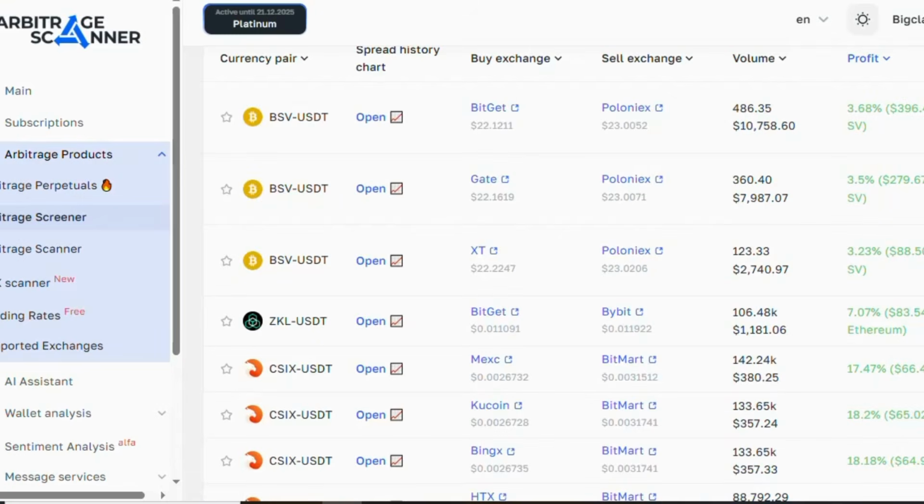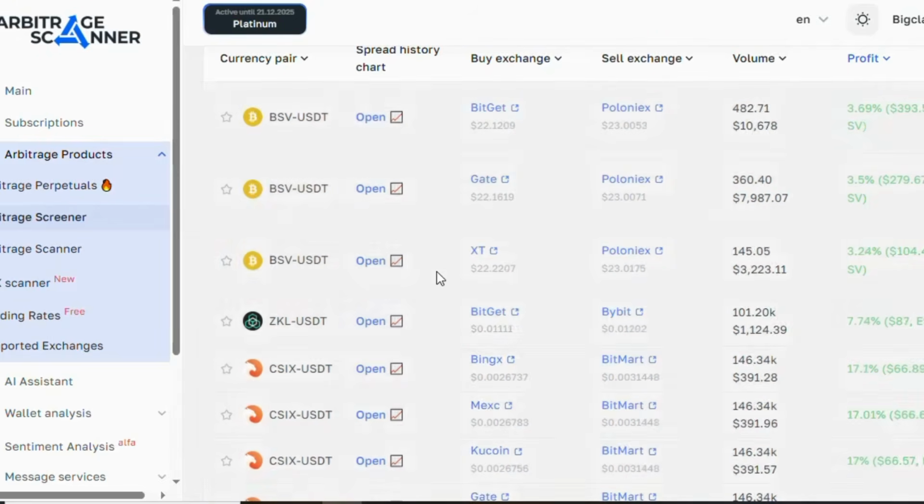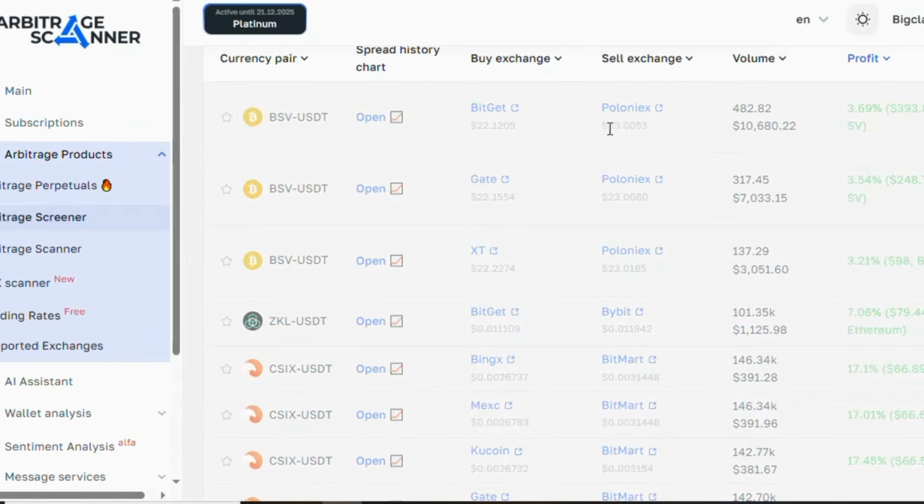So the price of cryptocurrencies are different across so many exchanges. And today's class, I'm going to take my time to share this amazing tool that I've been using for my cryptocurrency arbitrage. For example, you can see that the price of BSV is different on Budget at the price of $22, and on Poloniex the same BSV is selling at $23.